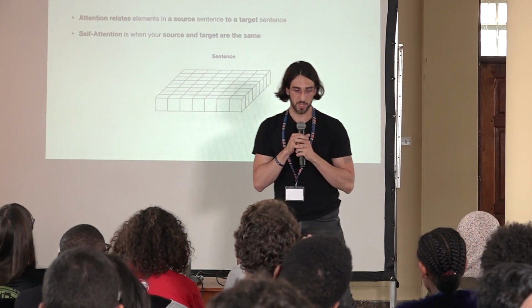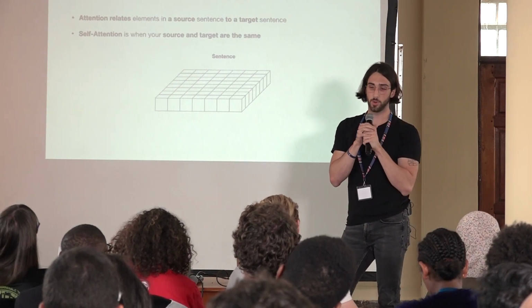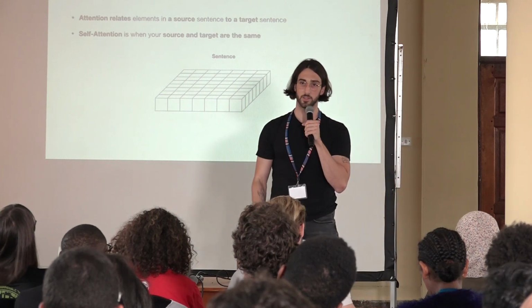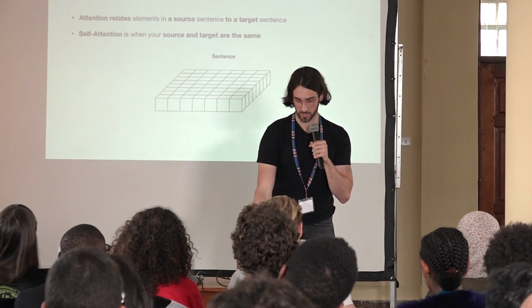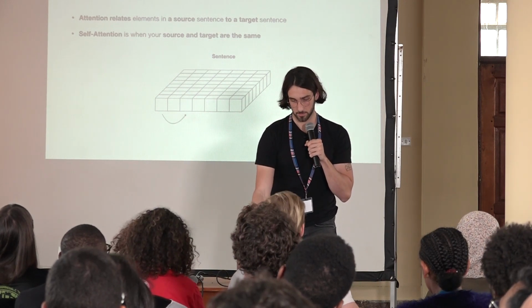So the idea with self-attention was to make both the source and the target the same, or give them both to the attention mechanism. What's the intuition behind self-attention? A lot of the time, elements in our sentences relate within the same sentence.